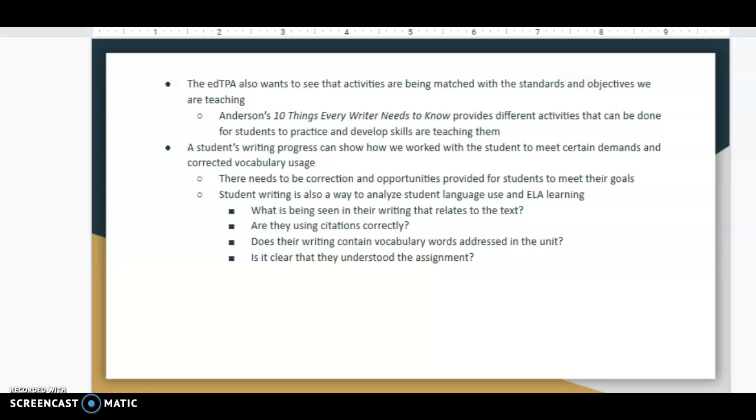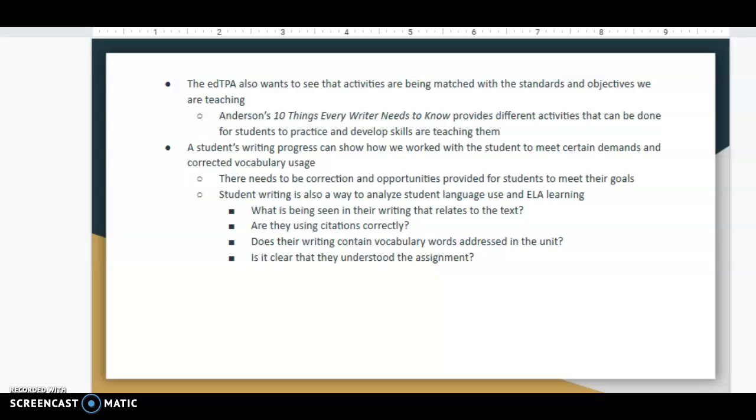And then student writing is also a way to analyze student language use and ELA learning. So there are different skills that are learned throughout ELA, such as developing a thesis, analyzing, or explaining. And so we can use assessments as a way to analyze a student's progress.